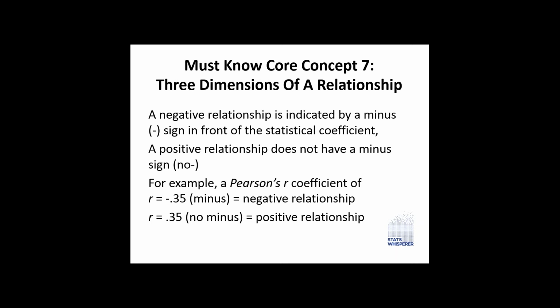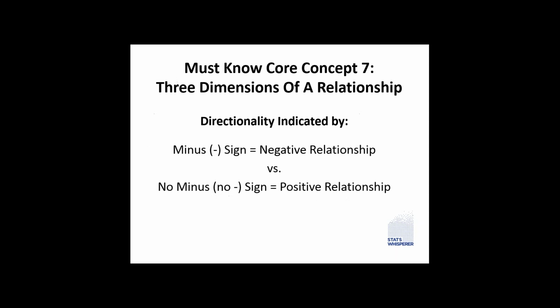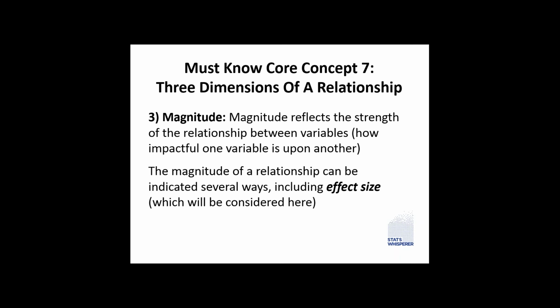As the one goes up, the other goes down. If there's 0.35, and there's no minus, it's positive, meaning as one score goes up, the other score goes up. So here you have it encapsulated. Minus sign is negative, no minus sign, usually positive. Now magnitude.